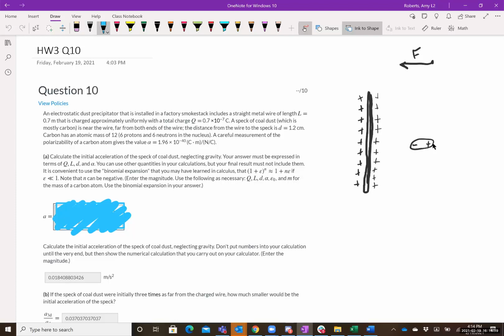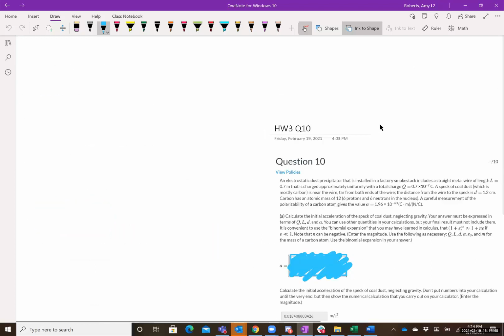Well, obviously where I started was the basic force equals ma, and then F equals QE, correct? Yes. So then we would be looking for ma equals QE, and then a equals.